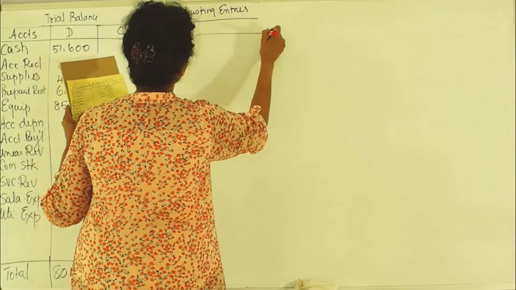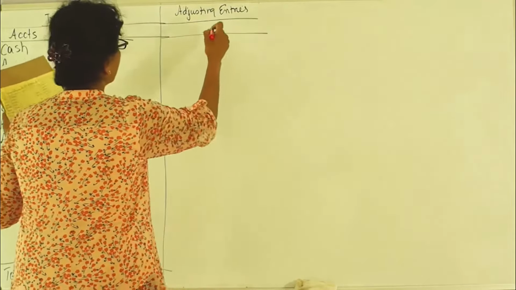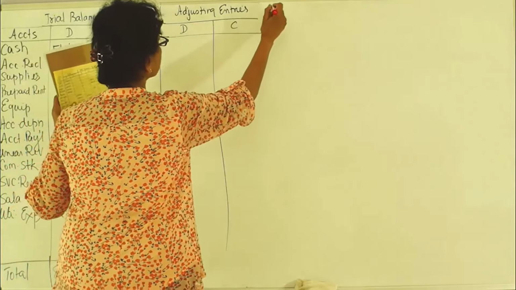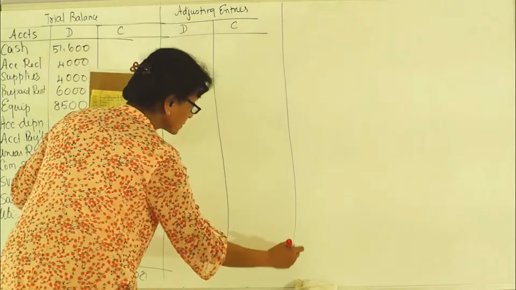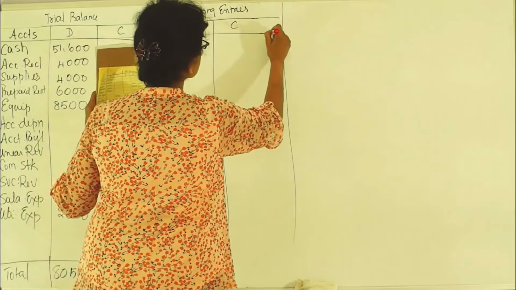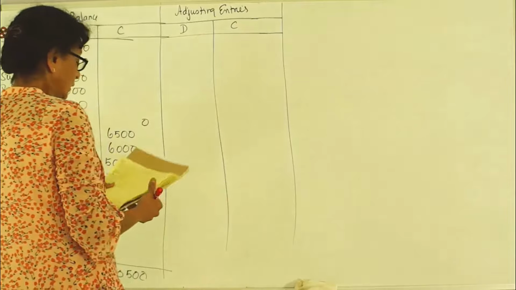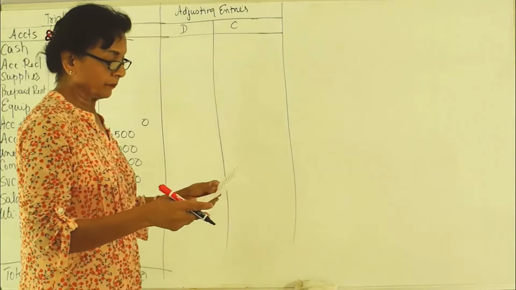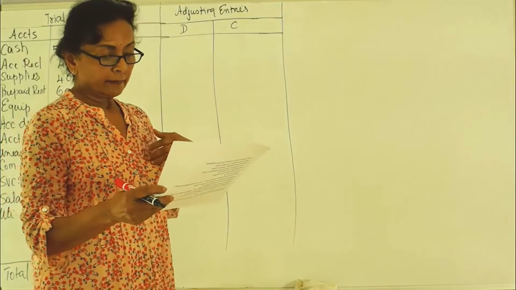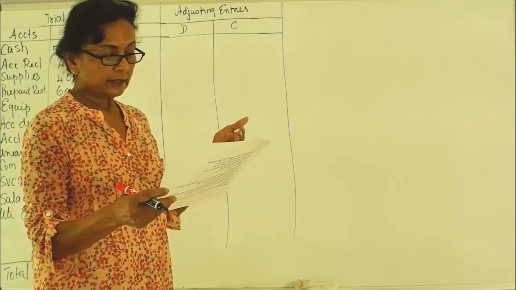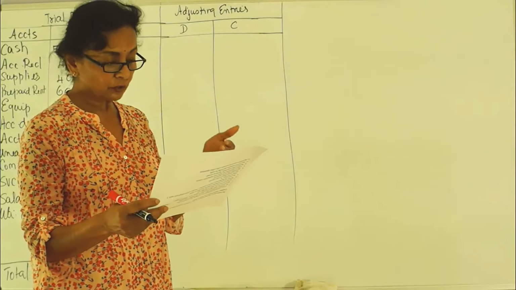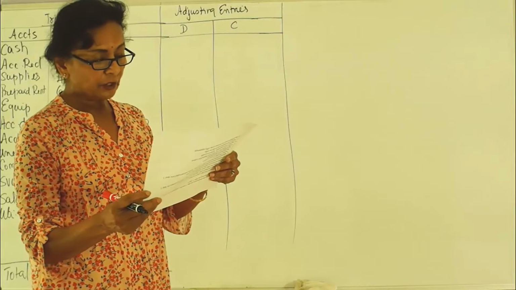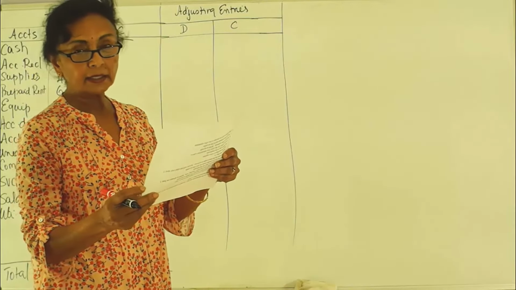Again, we are going to have a debit column and credit column. Okay. So first, if we go to the next page, here the company is going to prepare the adjusting entries on June 30.